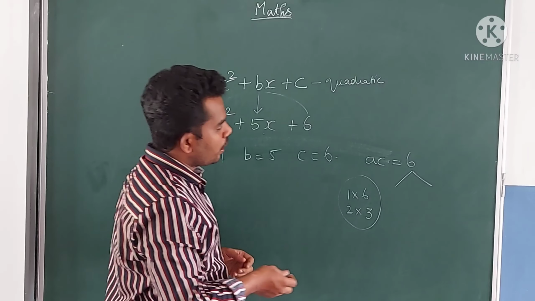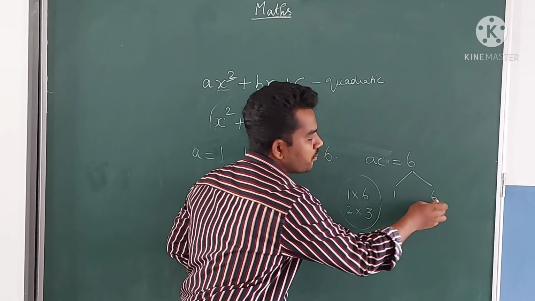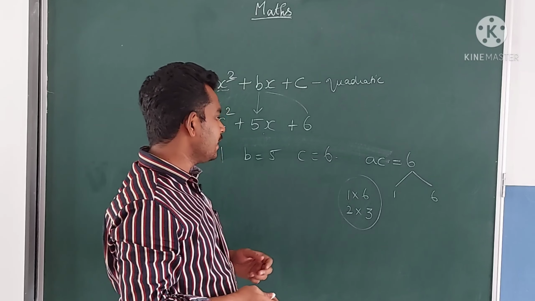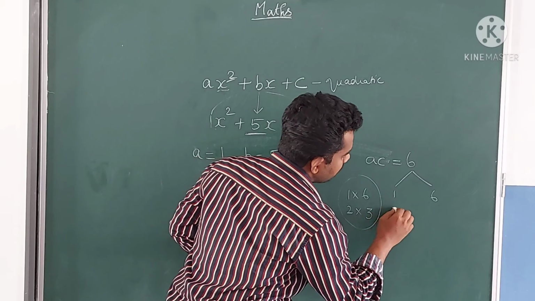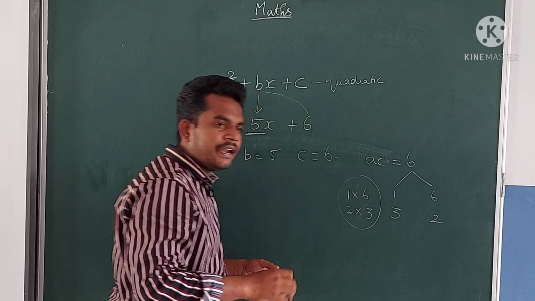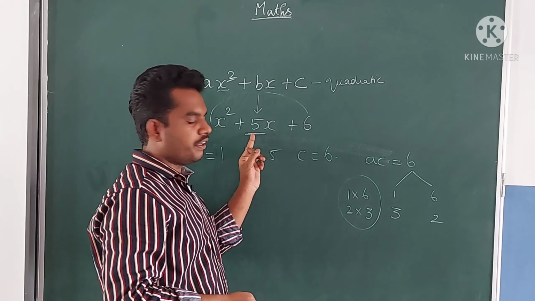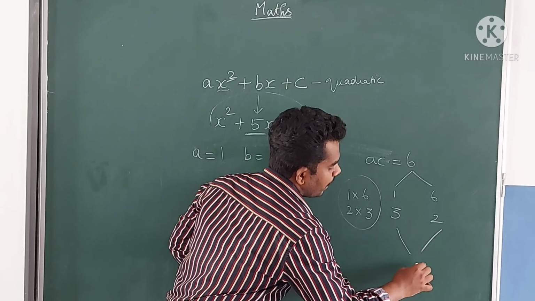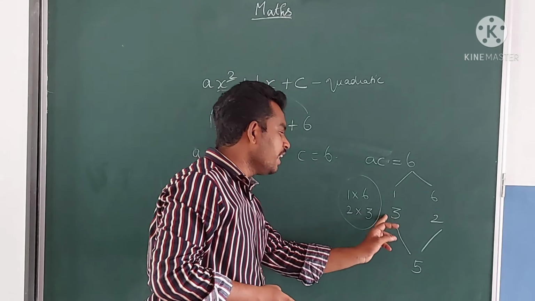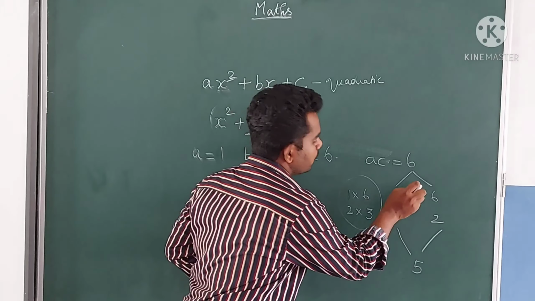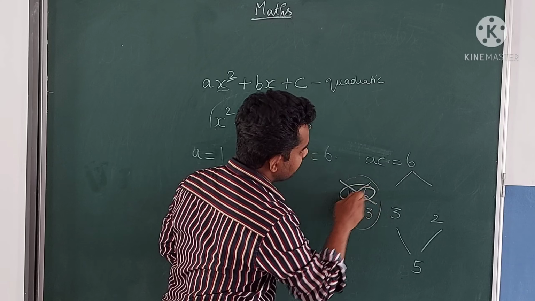You observe. 1 into 6 is 6, but the second condition is that the factors should add up to the coefficient of x. 3 and 2 are also 6, and 3 plus 2 equals 5. So 3 and 2 are suitable. The other pair is omitted.